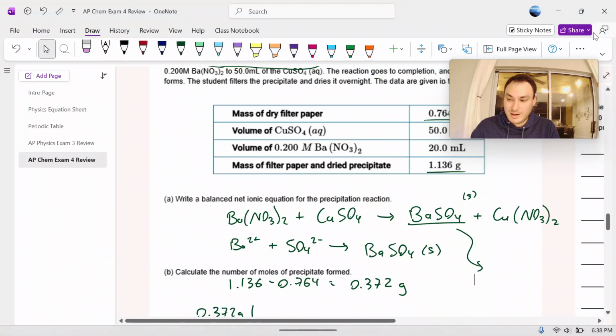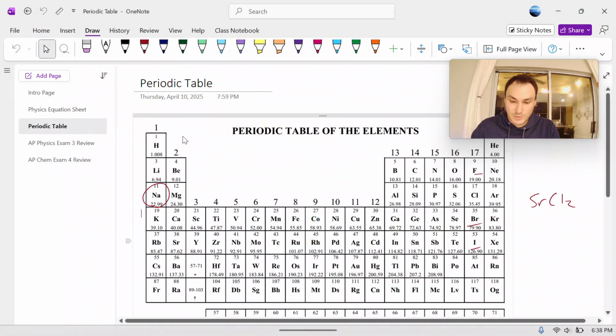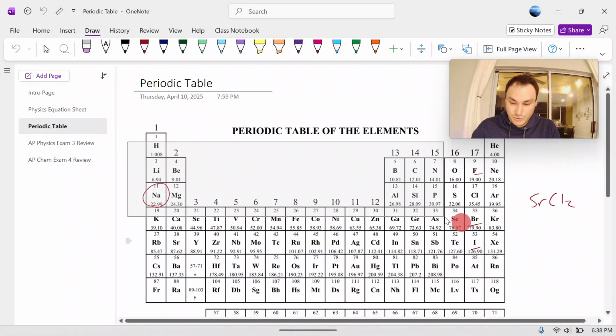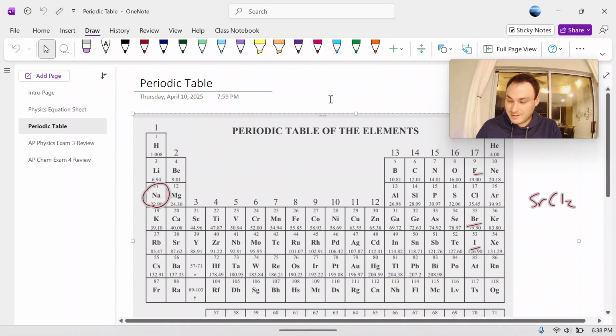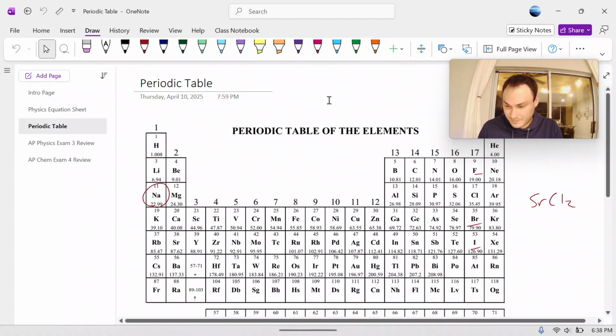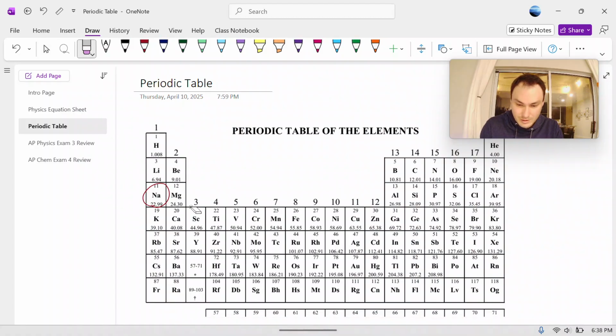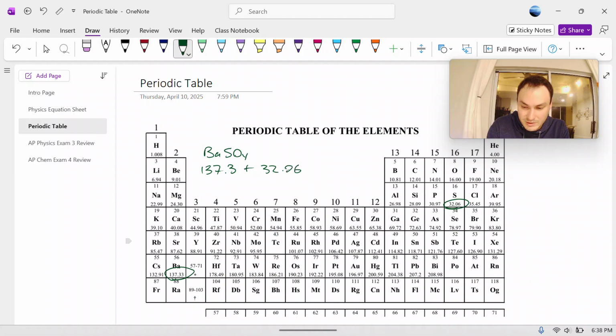I do not have mine out, so let's go to this one. All right, looking for barium sulfate. Barium is 137.33. Sulfur is 32.06, plus 4 oxygens.